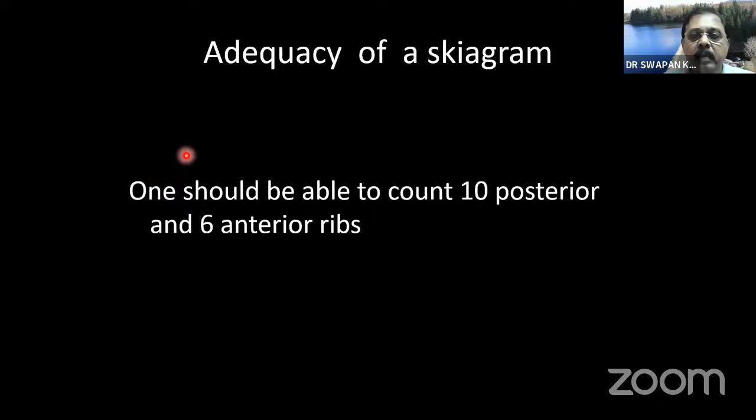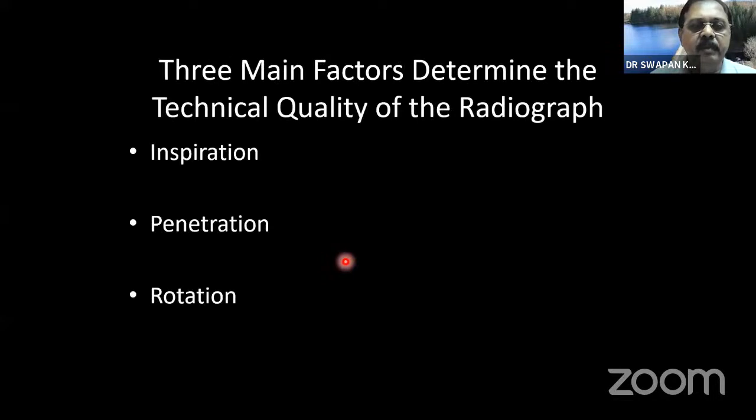And what are the other conditions for the adequacy of a radiograph? One must be able to count 10 posterior and 6 anterior ribs. Forget about the 10 posterior. Just try to see 6 anterior ribs. You have to count.